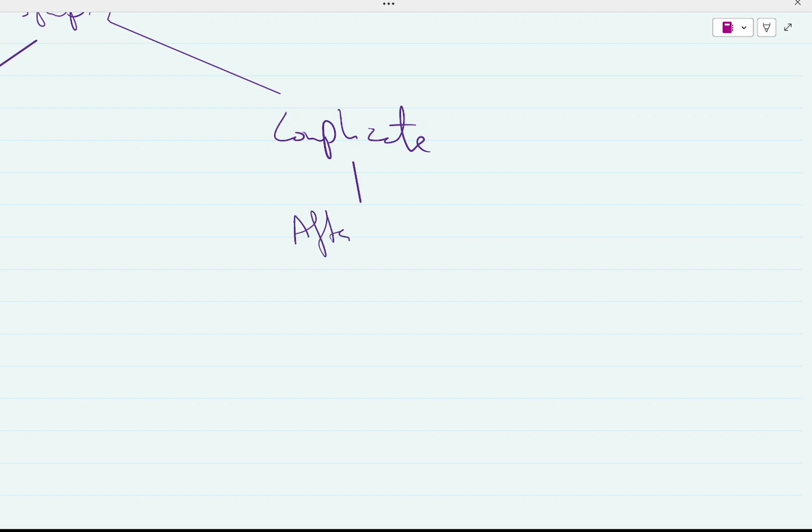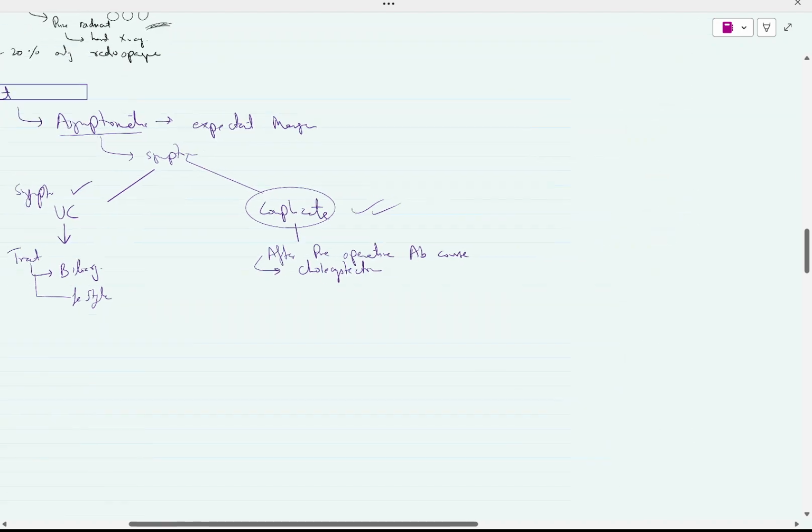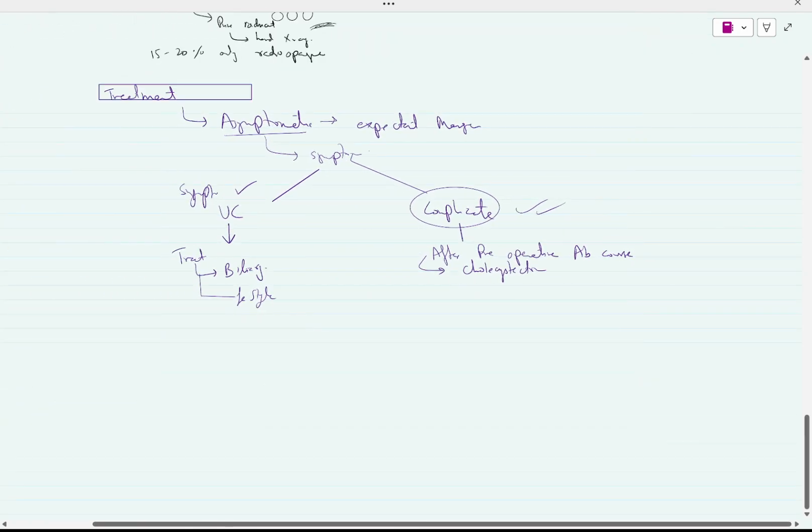Let's write it for your notes: pre-operative antibiotic course, then cholecystectomy. So this is clear. A patient comes to you with symptomatic complicated cholelithiasis, you will give a pre-operative antibiotic course and then perform surgery to remove the gallbladder.